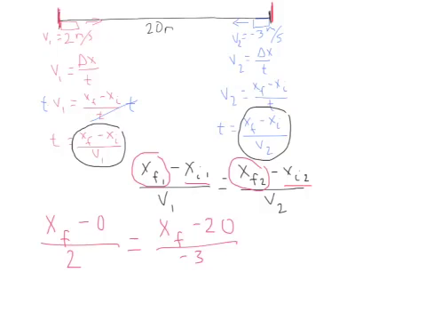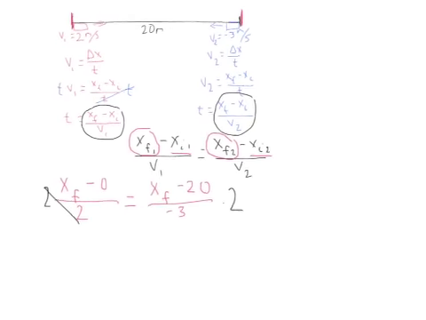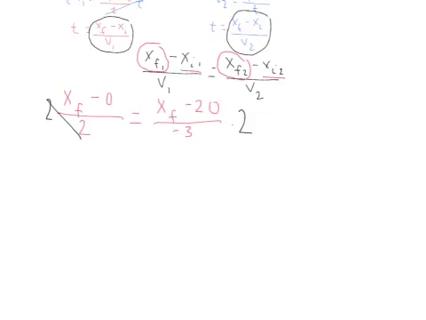Let's multiply both sides by 2. Now we have x final is equal to x final minus 20 divided by negative 3 times 2.